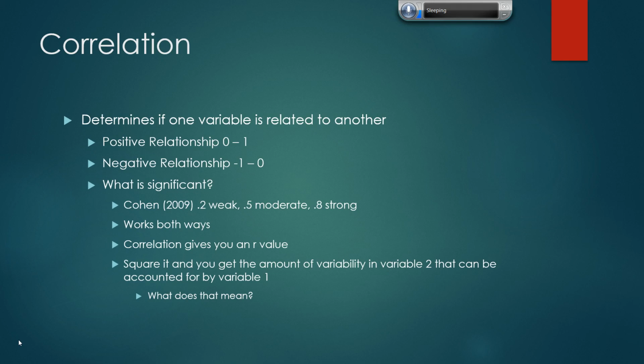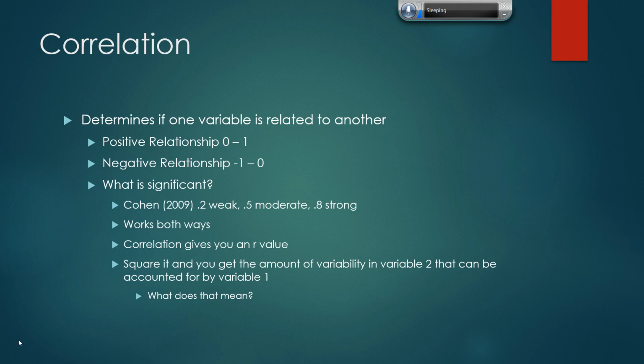When you get to 0.5 or -0.5, you're at the moderate level, and when you get to 0.8 or -0.8, you're at the strong level. So it gives you a gauge of the extent to which you're getting some level of importance. It works both ways, on the positive side and the negative side.